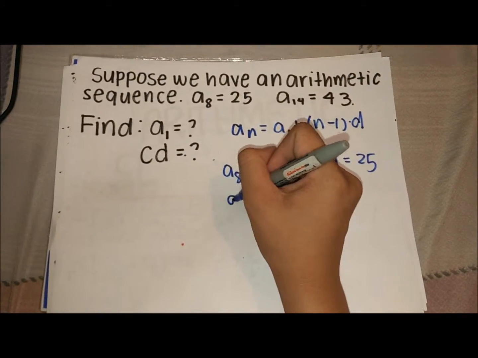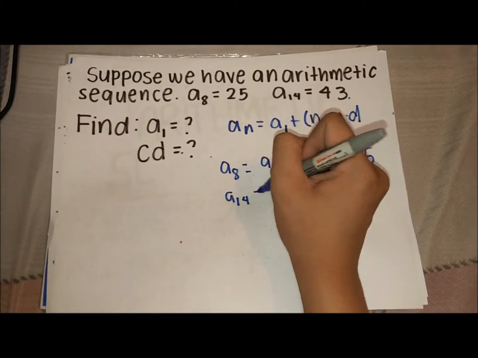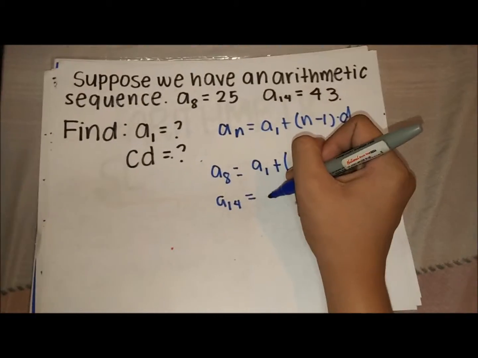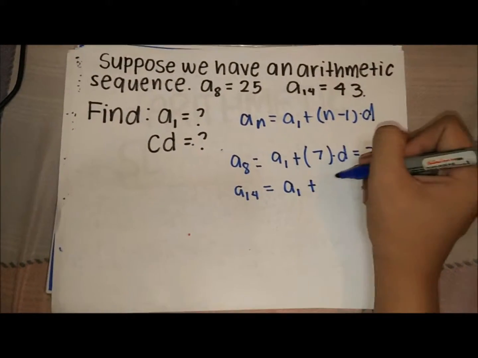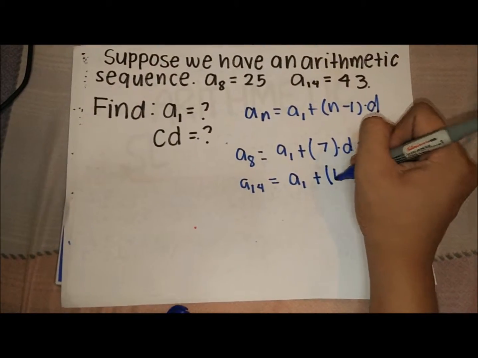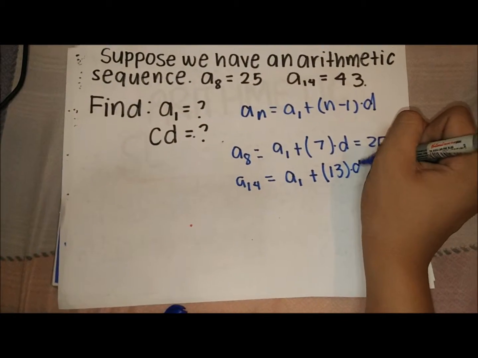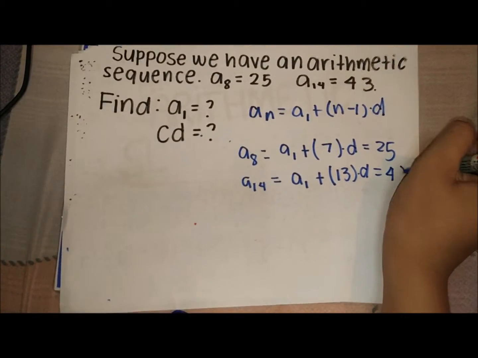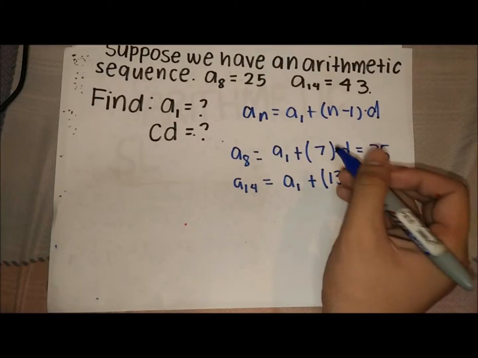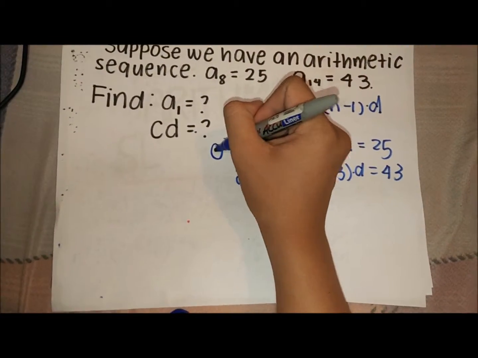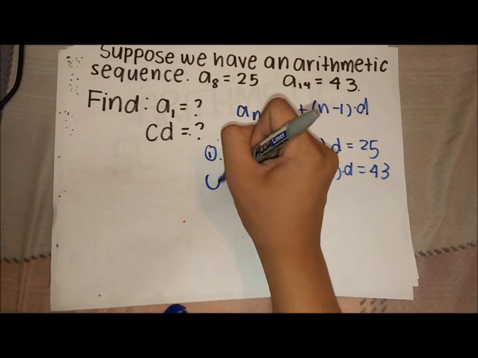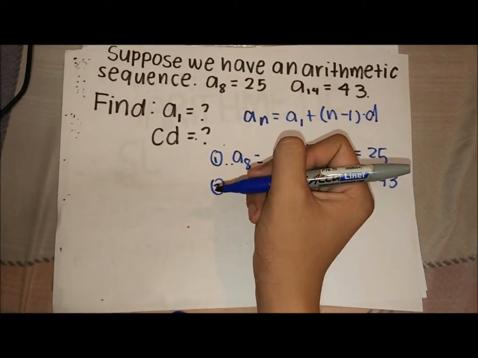And a sub 14 was said to be equal to 43. Substituting again, we get a sub 1 plus 14 minus 1, which is 13, times d is equal to 43. So we have two equations now. This is equation 1 and this is equation 2.